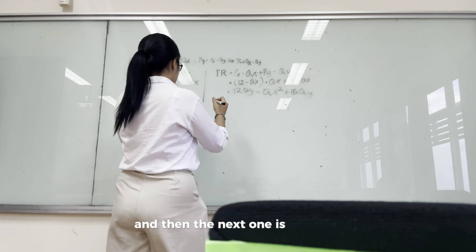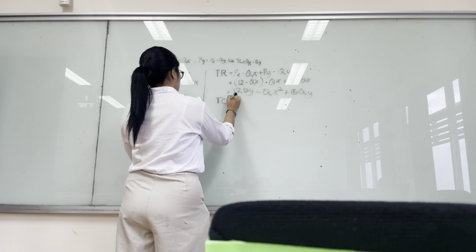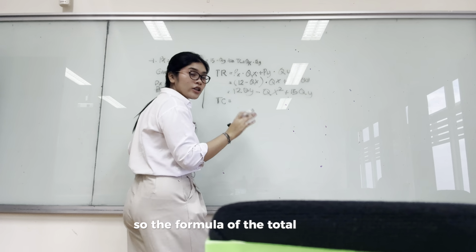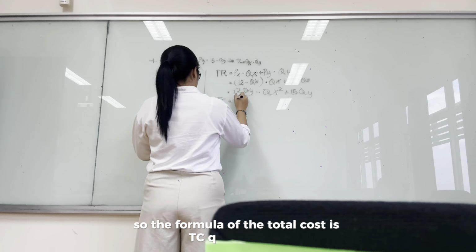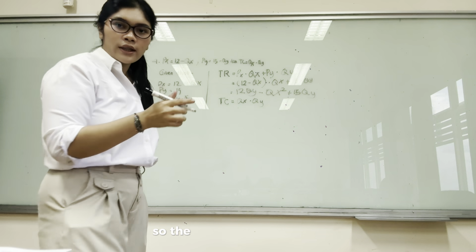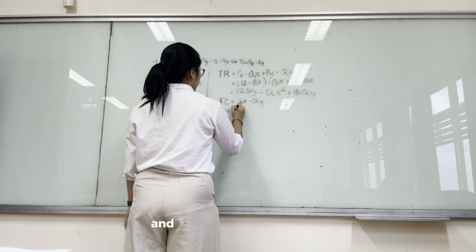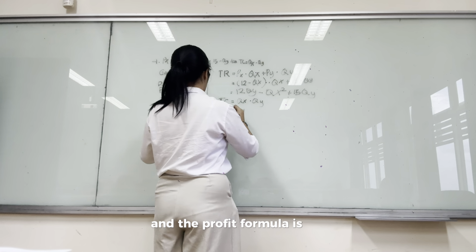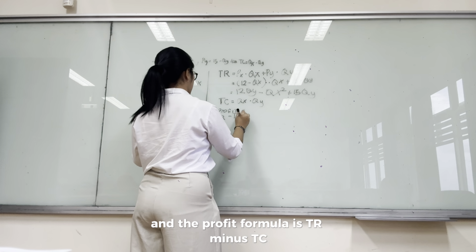And then the next one is the total cost. The formula of the total cost is TC equal Qx times Qy. So the next one is the profit. And the profit formula is TR minus TC.